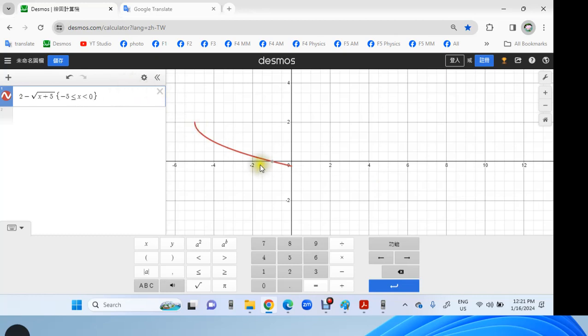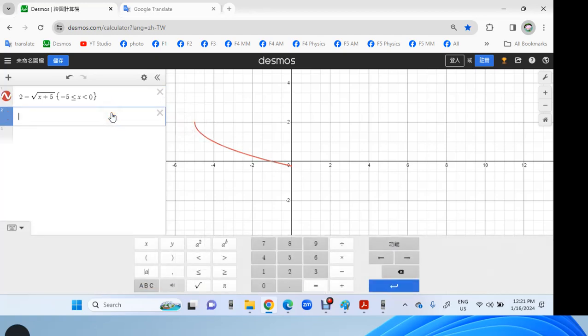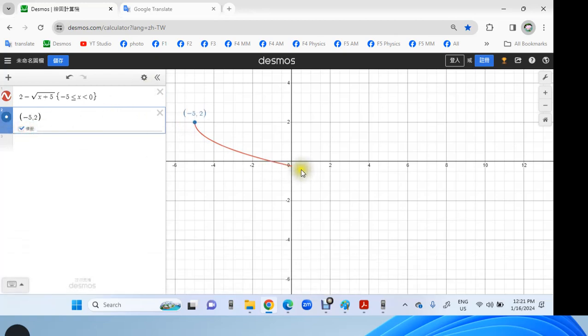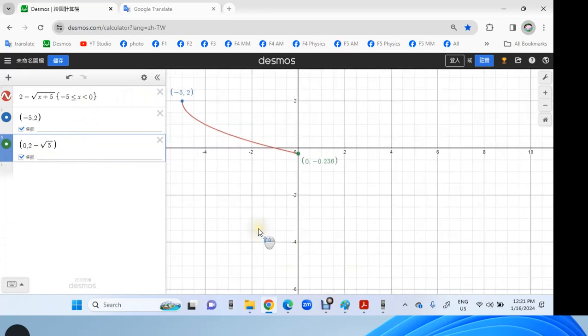Then the domain is x between negative 5 and 0. So we have negative 5 to 2 here, and we have 0 here. So this one is 0, and then this is 2 minus square root 5. Okay, so this is the point.